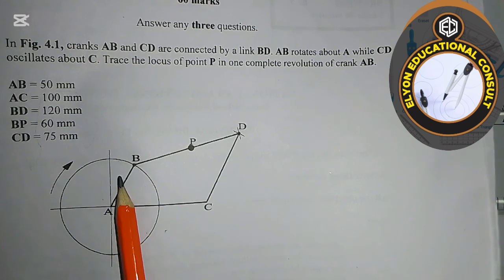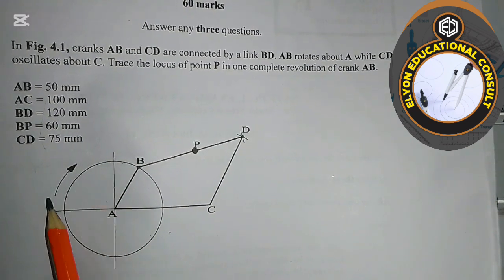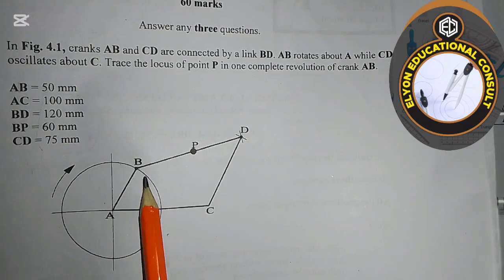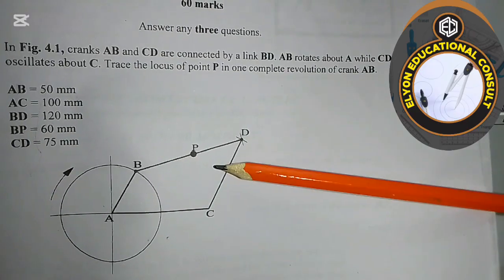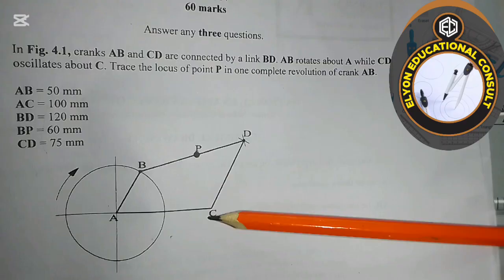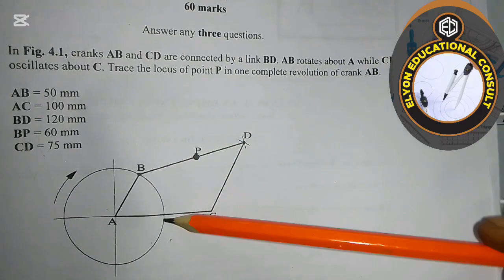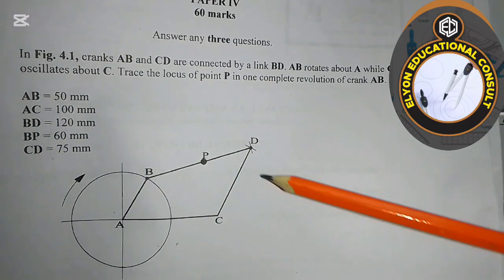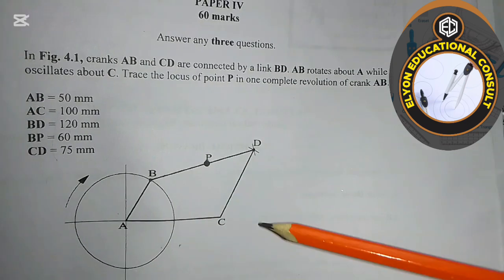Now this AB is rotating in this direction. You can see the direction of this arrow rotating around this circle, that is, point B is rotating around this circle, while CD oscillates about C. When we say oscillation, it is a to and fro movement, going front and back this way, not rotating around the circle.